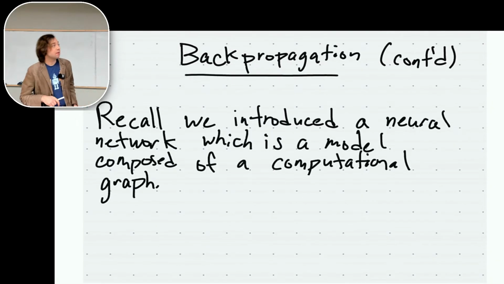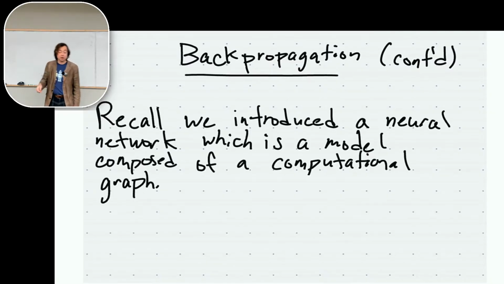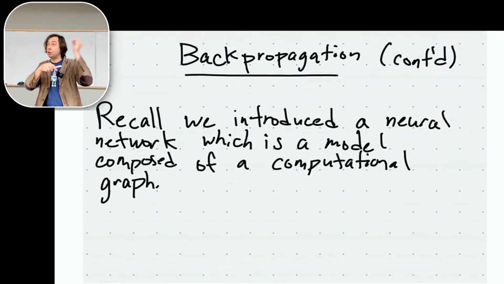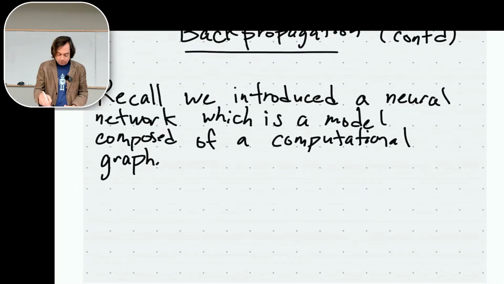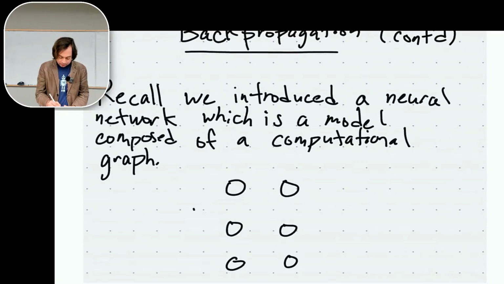Okay? And by graph, for those who are new to this kind of math, think circles with arrows pointing to other circles, right? And particularly we had this type of neural network.